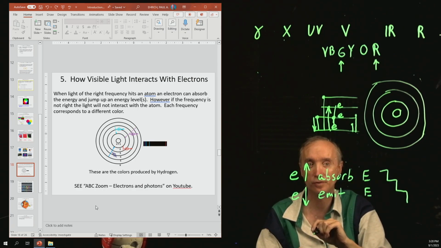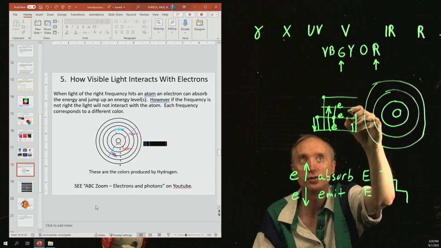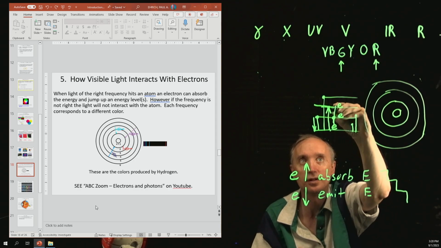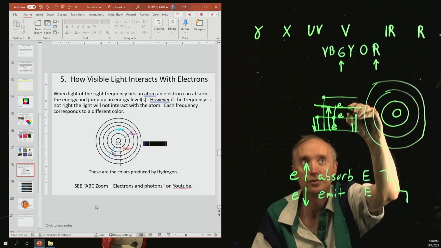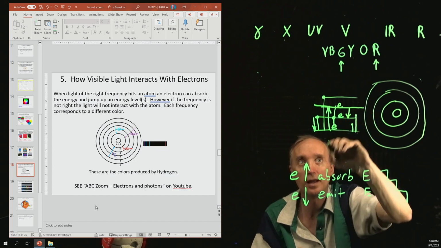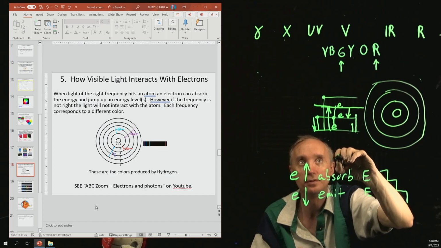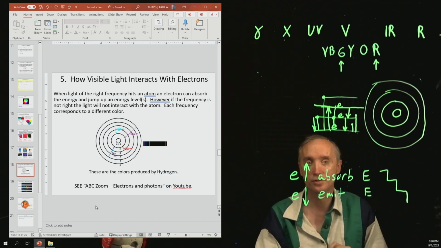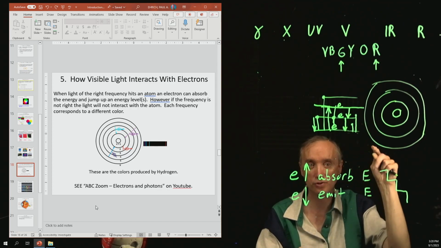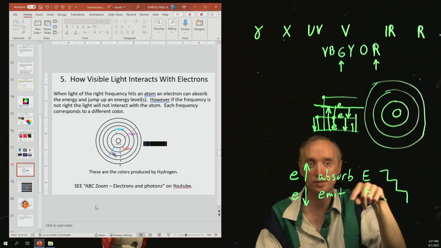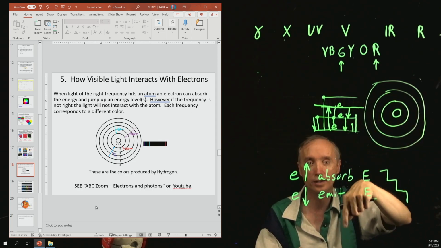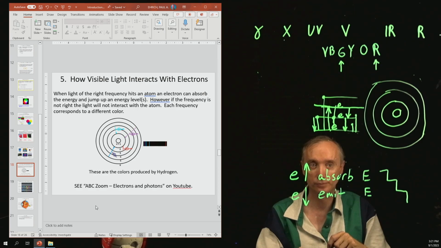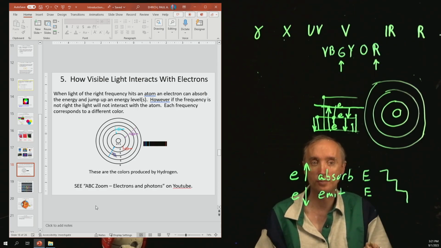But can you see a different way? You could jump from this energy level down to here, and then from here, then you could jump down. So you could jump down in 2 steps instead of jumping all the way down in one big step. Each jump produces its own unique color.